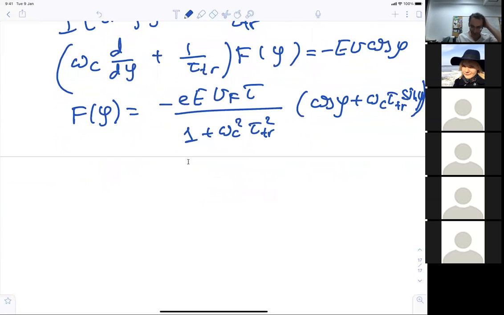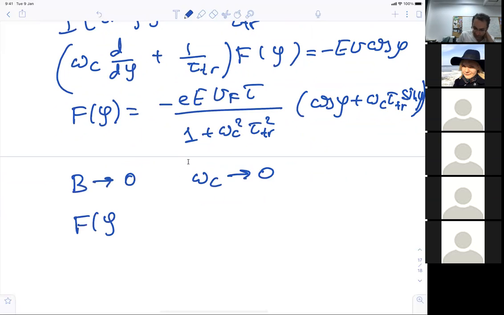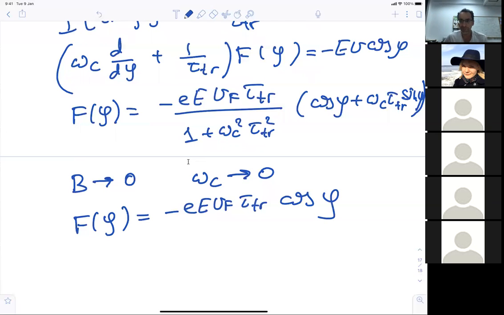Okay, let's check some obvious limits. If the magnetic field goes to 0, omega c goes to 0, f of phi goes into minus E v Fermi tau transport cosine phi, a familiar expression that we have already seen many times. So only the first harmonic survives.